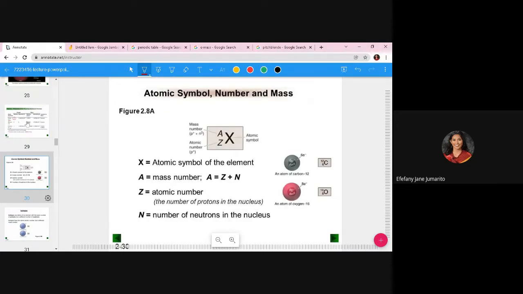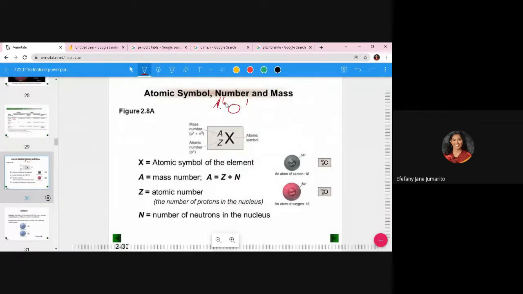Alright. Now we have also atomic symbol, number, and masses. If you take a look at your periodic table, we have X, the symbol of your element, and then A is the mass number or atomic mass. For example, if we have oxygen, that's 16. So it's the mass.